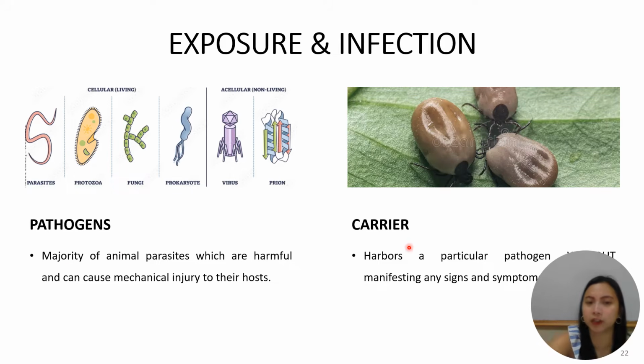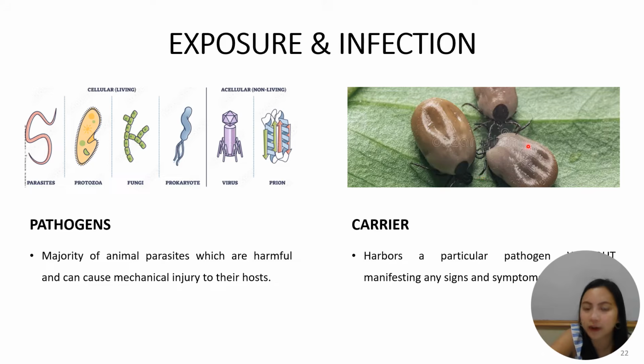There's also another term used in parasitology class. We call that a carrier. A carrier is a type of organism which harbors a particular pathogen without manifesting any signs and symptoms, meaning it's just a carrier. It carries this particular pathogen and tries to infect another susceptible host.